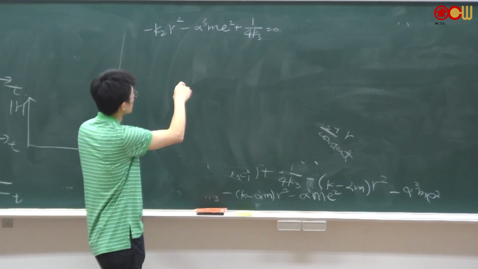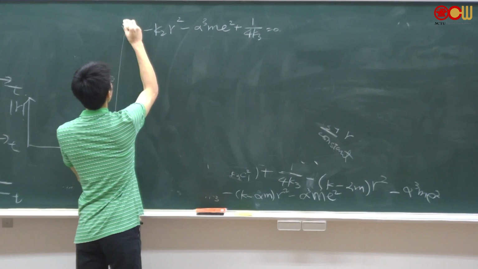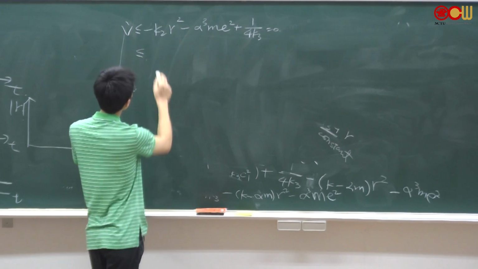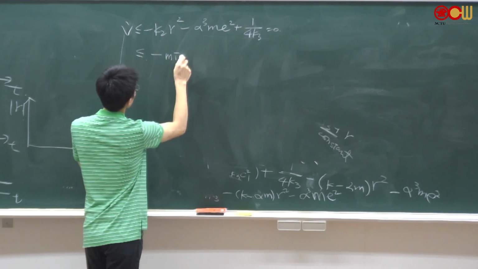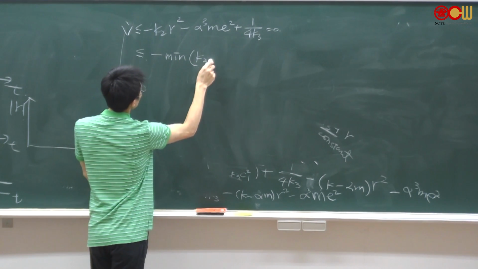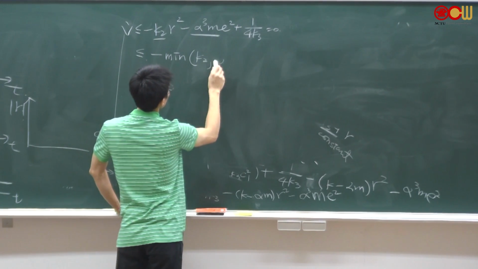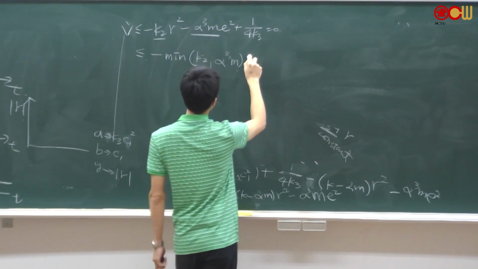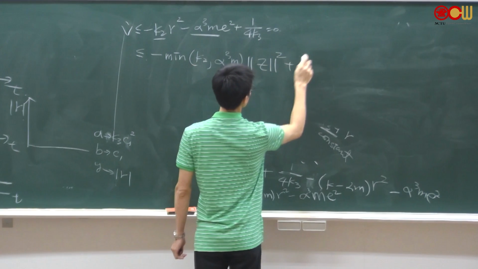So let's put the two together. Let's further upper bound this by minus minima K2, and let's take the coefficient out, okay? And let's square plus.